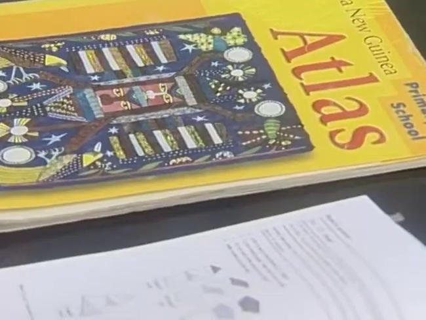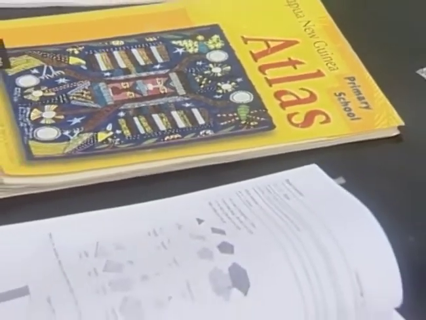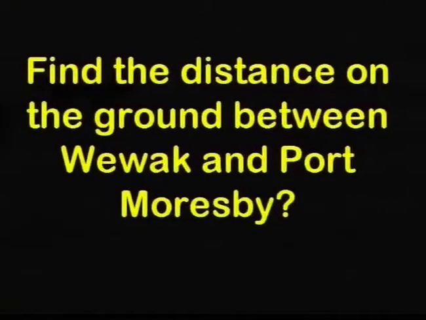So, class, on your table, you will see a PNG primary school atlas. I would like you to open that atlas to page number 43. To the receiving teacher, please you do the same by telling your students to open the PNG primary school atlas to page number 43.